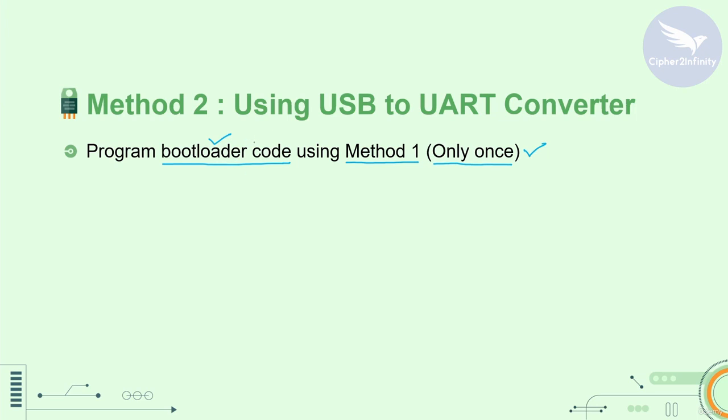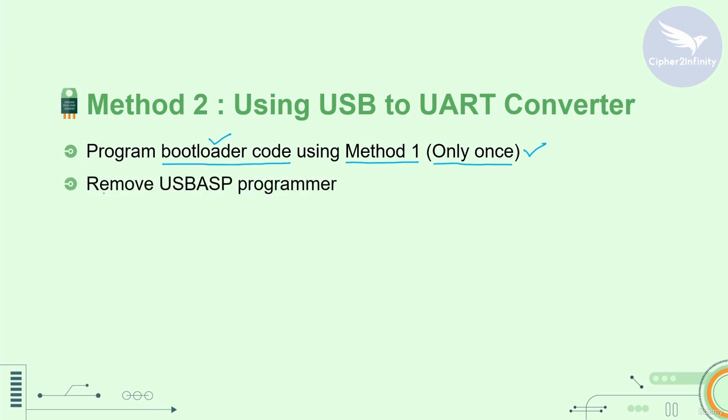It doesn't matter how many times you want to program the code in the microcontroller using USB to UART converter, we don't need the USB ASP programmer. So the first point is program bootloader code using method 1, which is only once. Once that is done, later you don't need the USB ASP programmer. That's basically the first step.